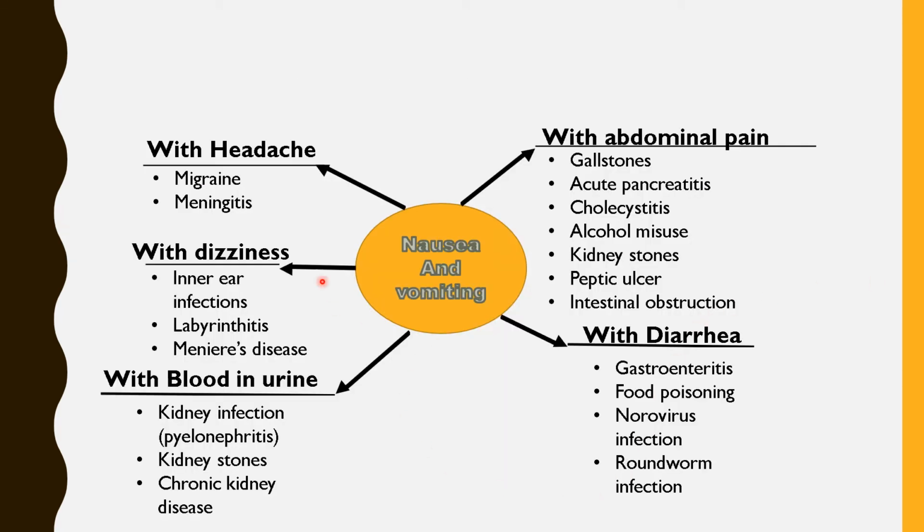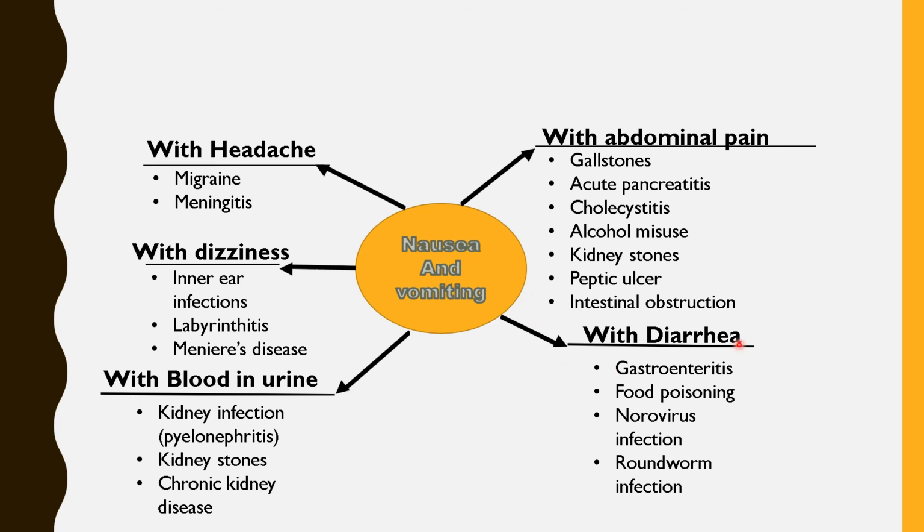You can find the common symptom we were reading about was nausea and vomiting. If you want, you can take a screenshot of it and note in which conditions you find this symptom. If it is with abdominal pain, then it was gallstone, acute pancreatitis, cholecystitis, alcohol misuse, kidney stone, peptic ulcer, intestinal obstruction.